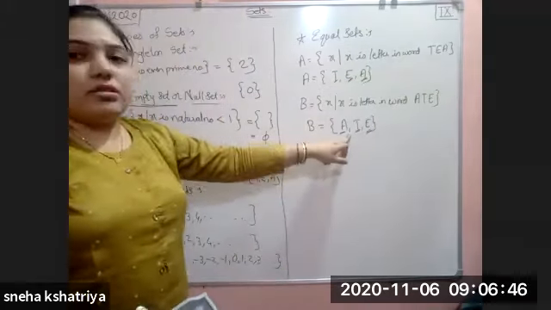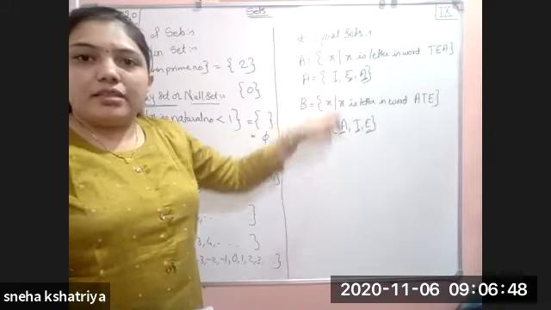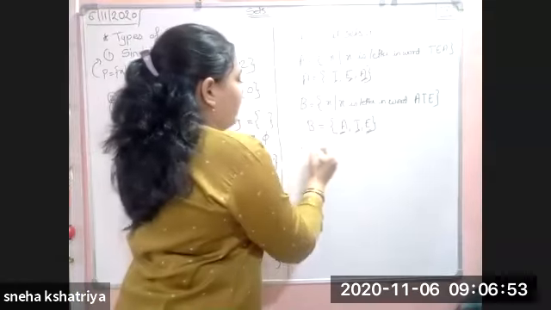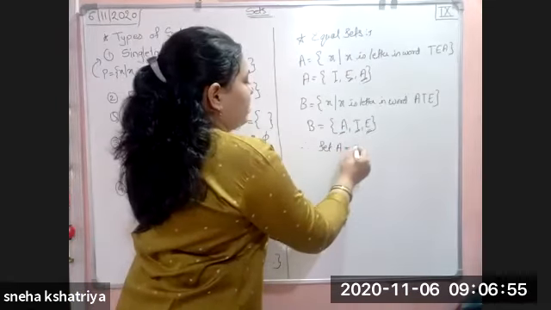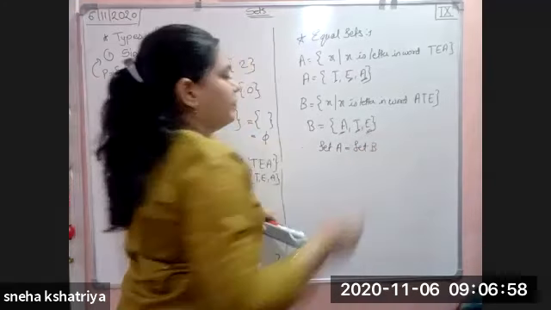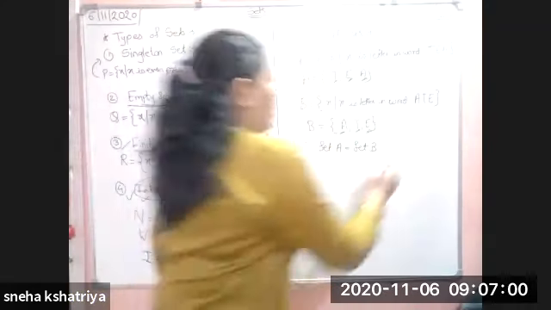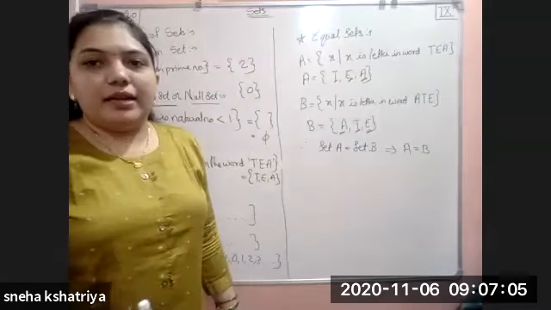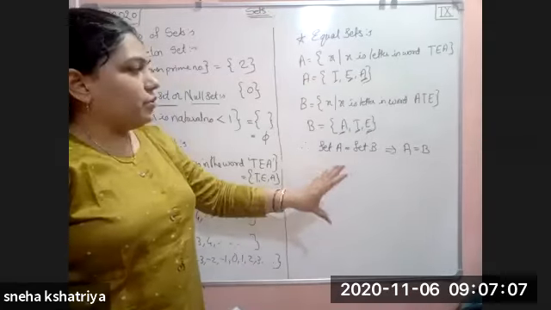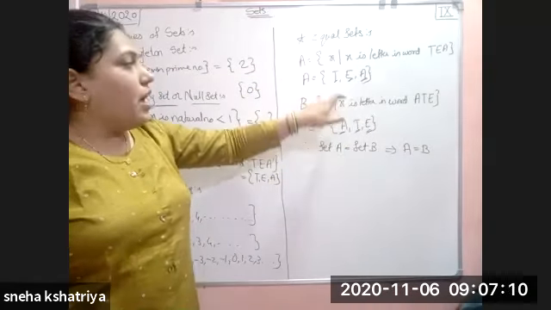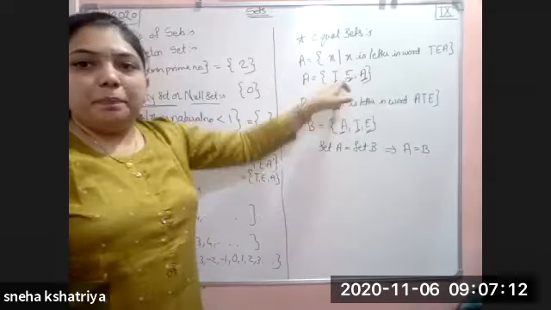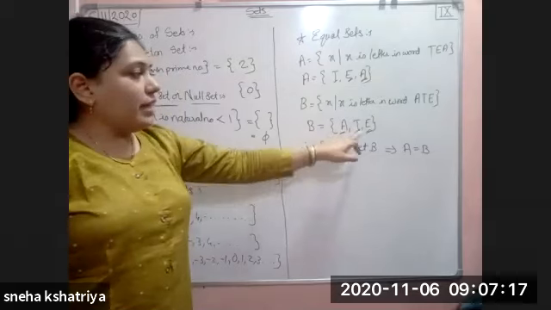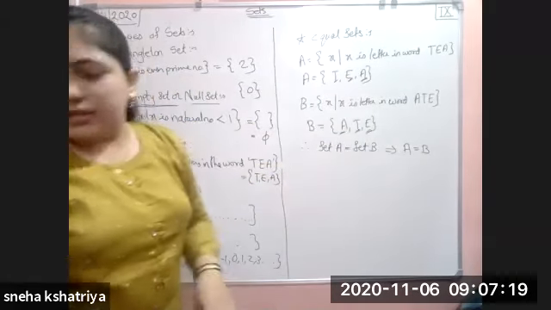So all the elements of sets A and B are the same. Therefore, we can say that set A is equal to set B. Simply we can write A = B. How are we going to judge that sets are equal? If all the elements of sets A and B are equal, then the sets are equal.